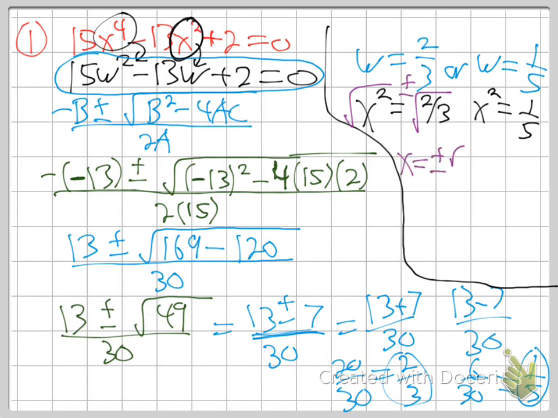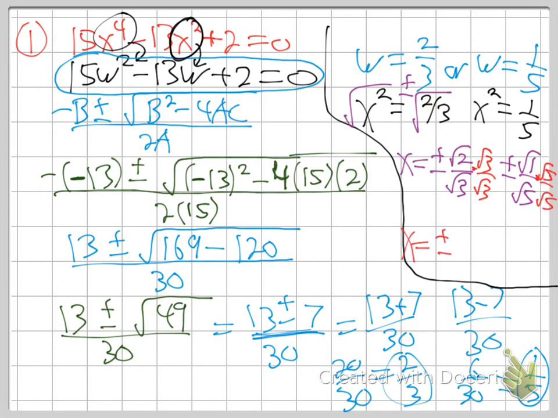X is plus or minus. Now, when you have a square root on a fraction, you put the square root on the top and the bottom, right? Square root of 2 over square root of 3, and square root of 1 over square root of 5. Now, we cannot leave roots in the bottom. Right? Am I racing ahead of you? You good? You caught up? So then last step, multiply top and bottom by root 3 on that one, root 5 on the other one.